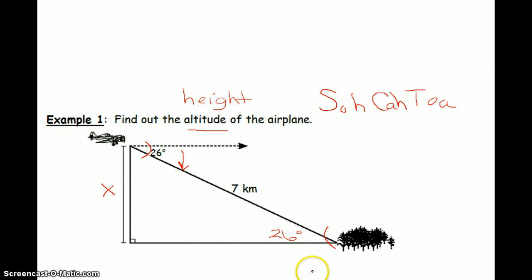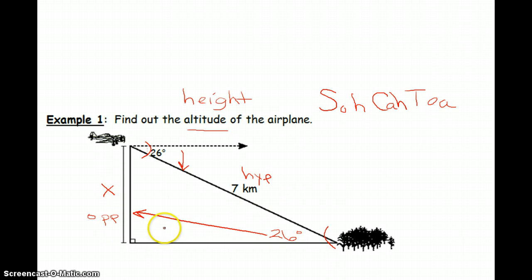Now, think about my trigonometry. Where do I have information? I have information with the x, which will be opposite that angle. And I also have information here, which is the hypotenuse.